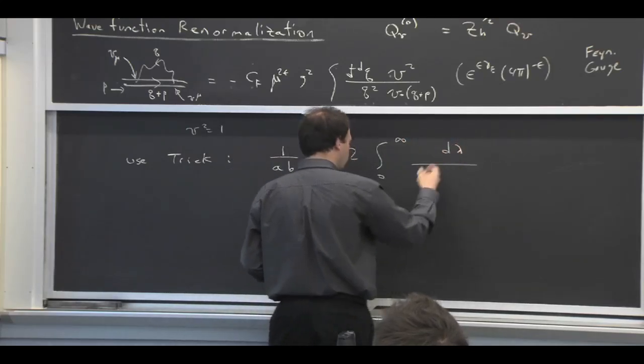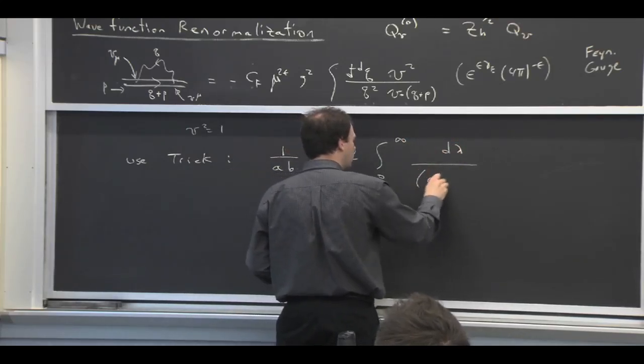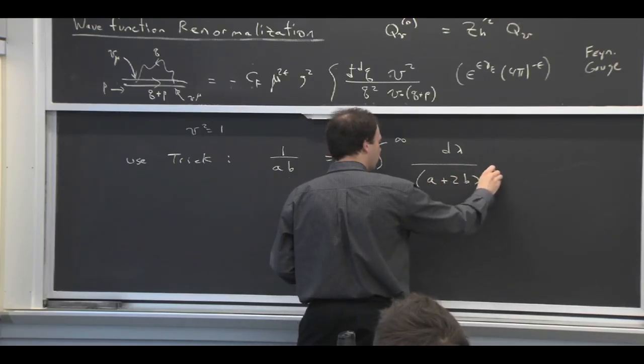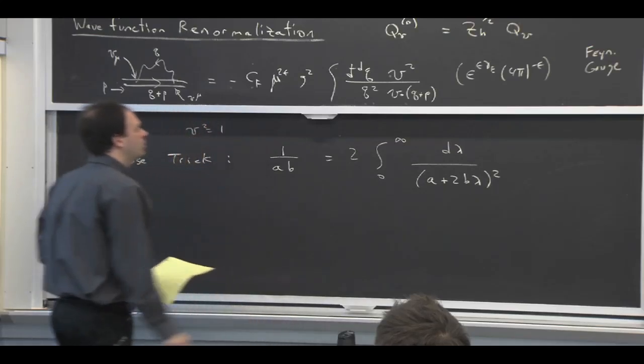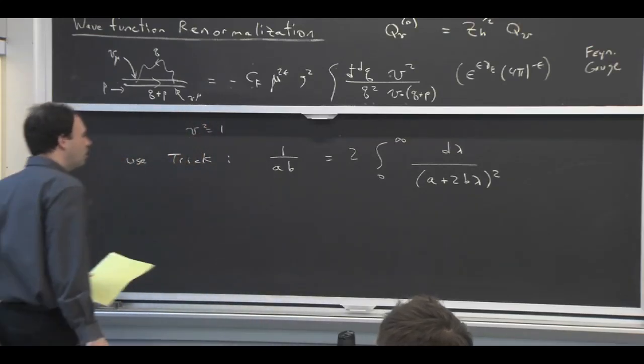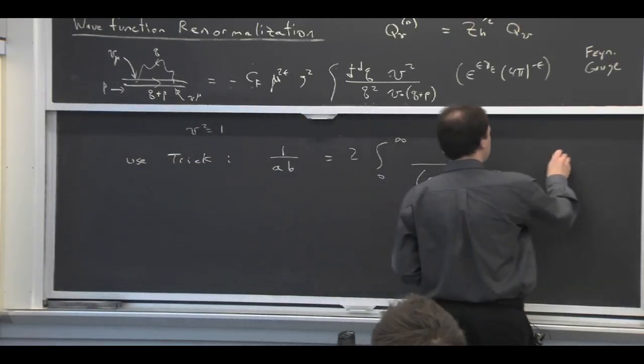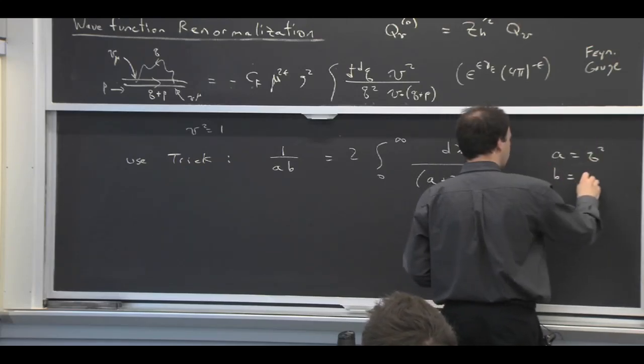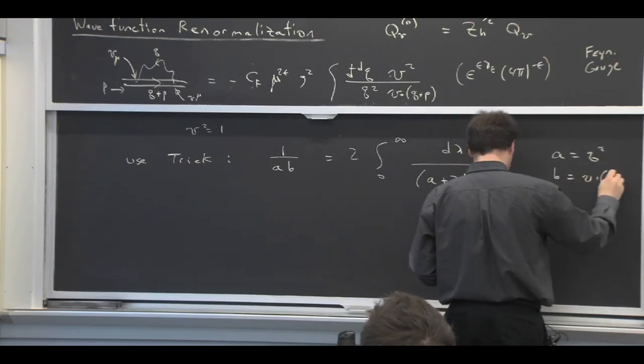So you use an integral that goes from 0 to infinity, and you can convince yourself that this is true. And so then set a equal to q squared and b equal to v dot q plus p.